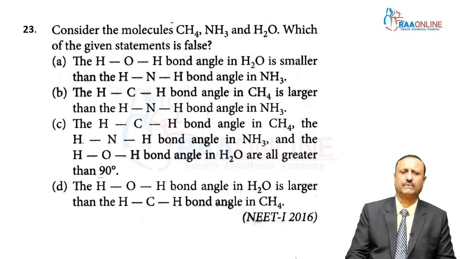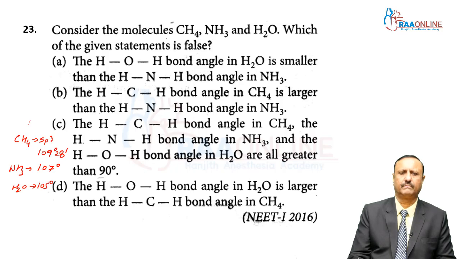My dear students, when you look at the bond angles, the methane molecule is tetrahedral, sp3 hybridization, bond angle is 109 degree 28 minutes. Here the ammonia molecule is pyramidal in shape, angle is approximately 107. In the water molecule, my dear students, the angle is approximately 105. So, the angle of water is lowest.